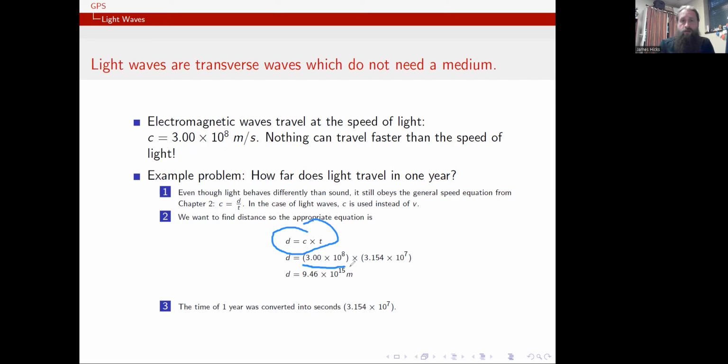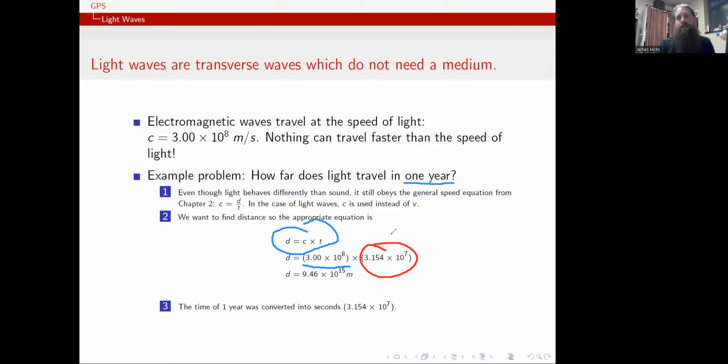So I know my 3 × 10⁸, that's the speed of light. I just need to know my time, and what is that? 1 year? That's kind of weird. So that's why there is this huge number circled in red for the time. What we have to do is convert a year into seconds, because our speed is in meters per second.